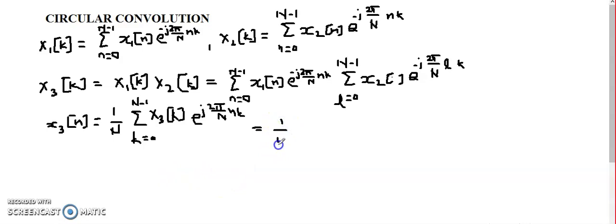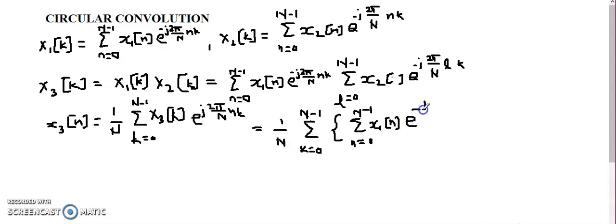x3[n] will be 1 by N summation k changing 0 to N minus 1, and bracket start, summation n changing 0 to N minus 1, x1[n] e raised to power minus j 2 pi by N nk. Okay, this will be the first thing.